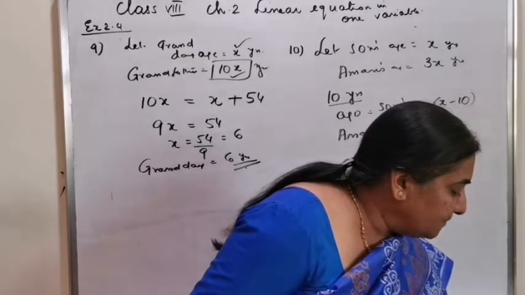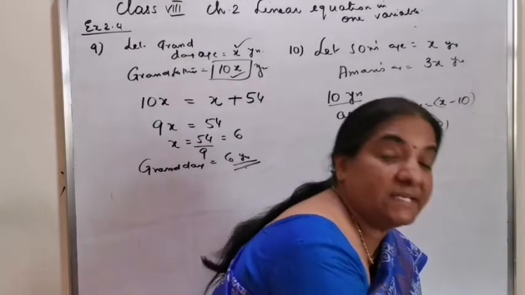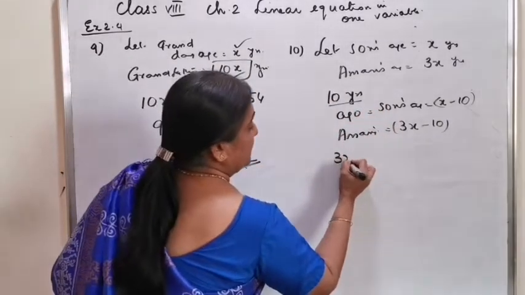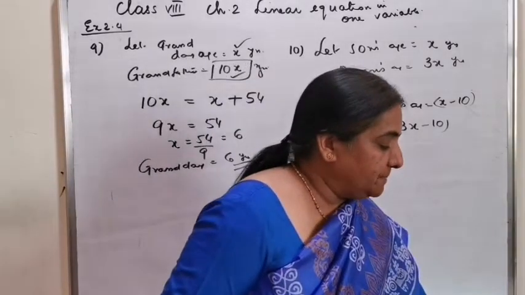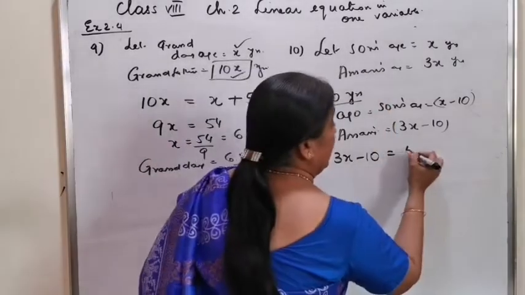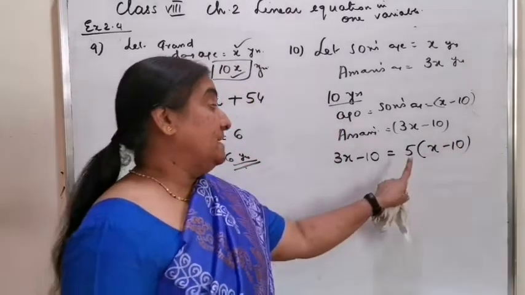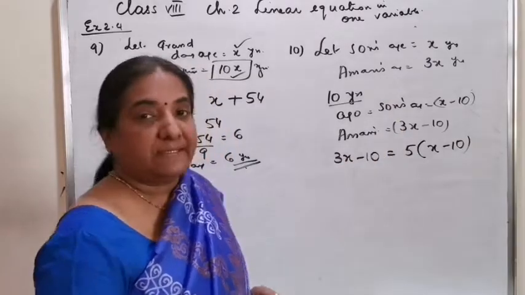10 years ago, he was 5 times his son's age. That means Aman's age was 5 times his son's age at that time. That means for both of them you have to reduce 10 years before comparison.